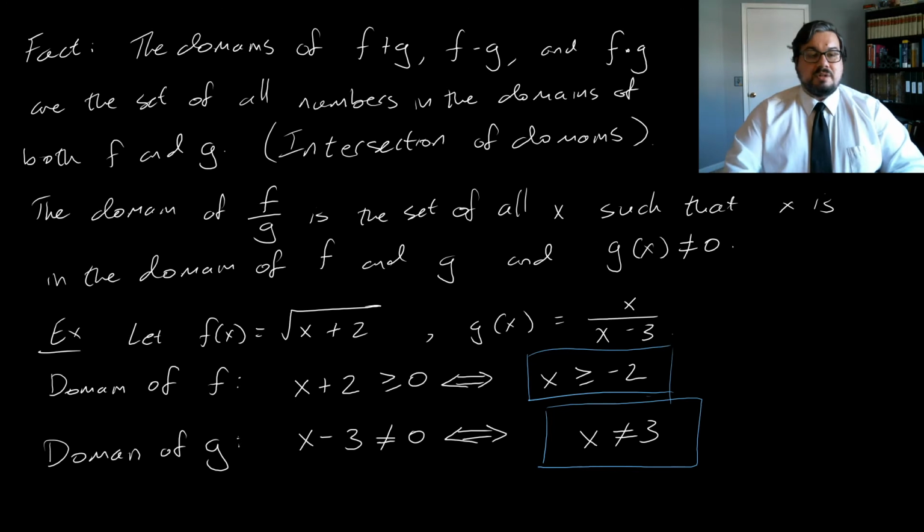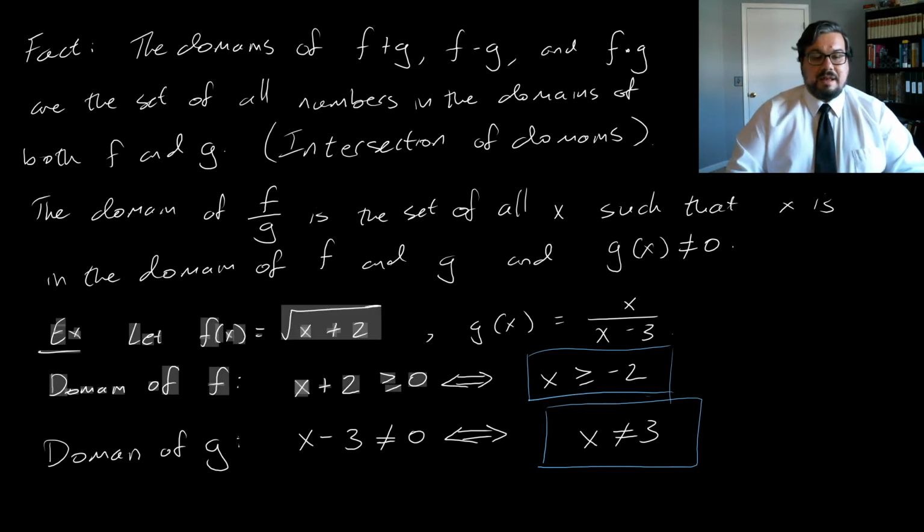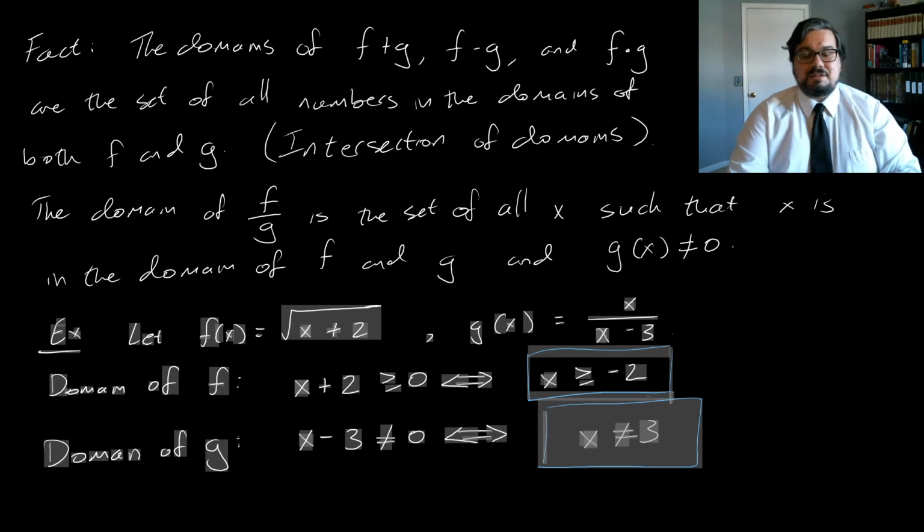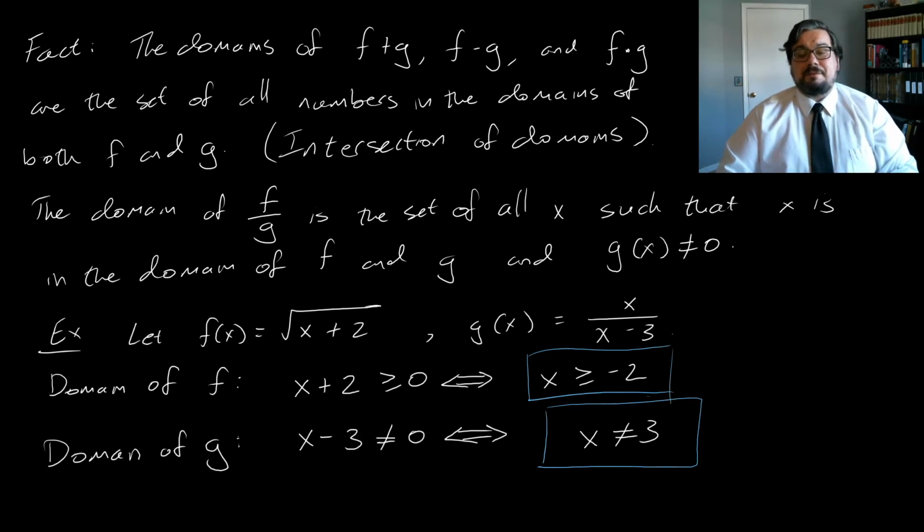So these are the two conditions on f and g that define their domains. Let's combine that information with the definitions of the combinations of functions in order to figure out the domains of f plus g, f minus g, f times g, and f over g.